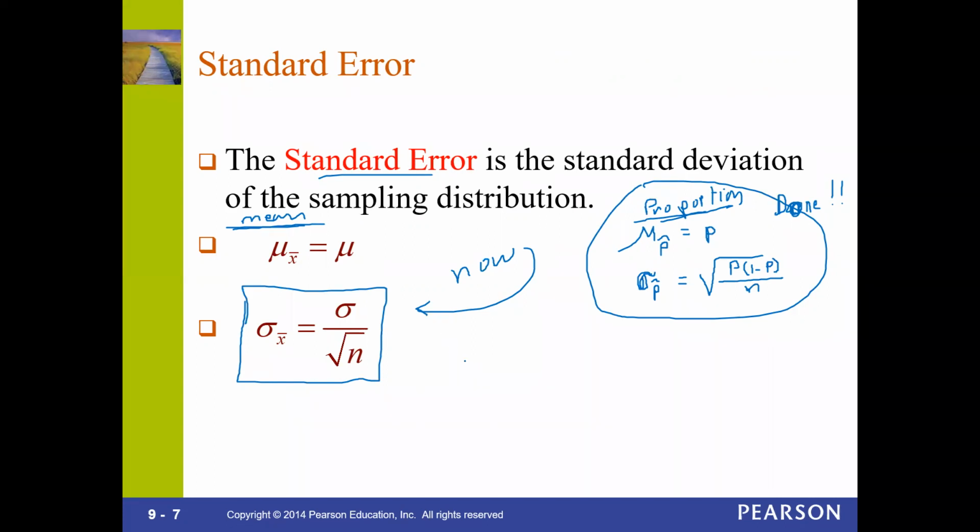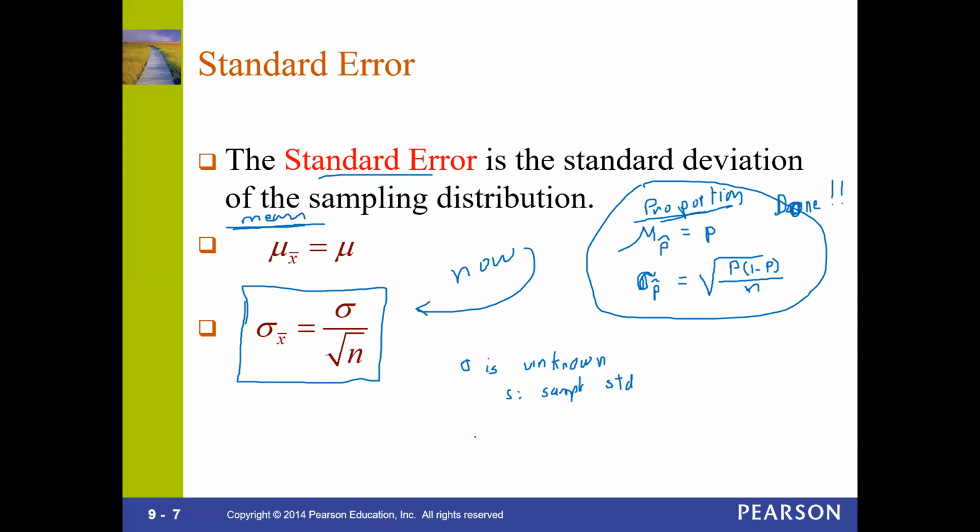The same thing can happen if sigma is unknown. You can use the sample standard deviation.